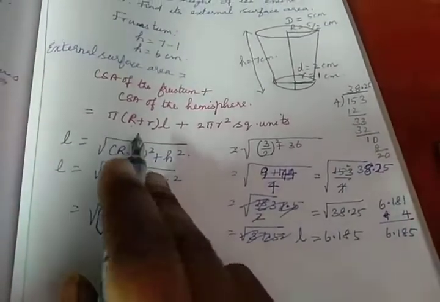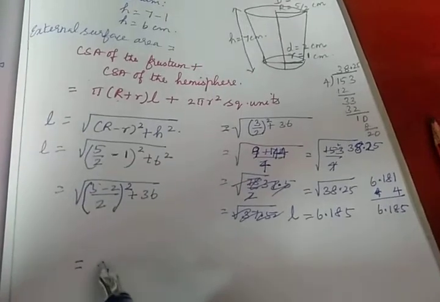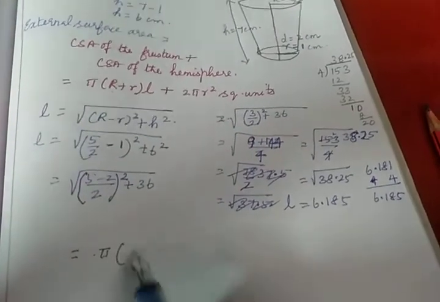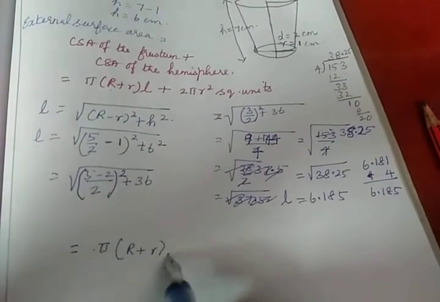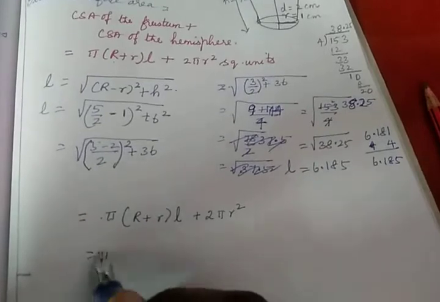Now let me substitute here. Write the formula first: pi into capital R plus small r into L plus 2 pi r square units. I will take pi common here.